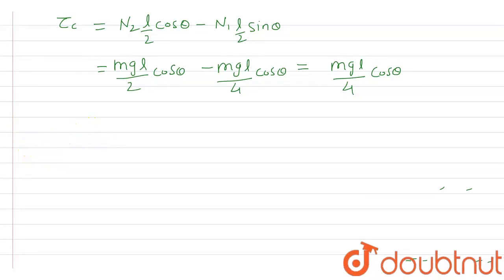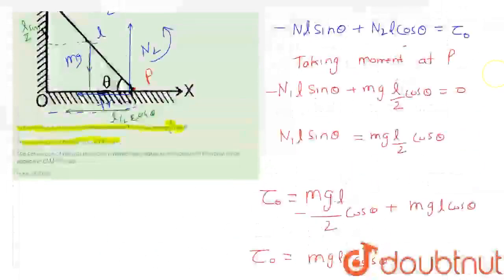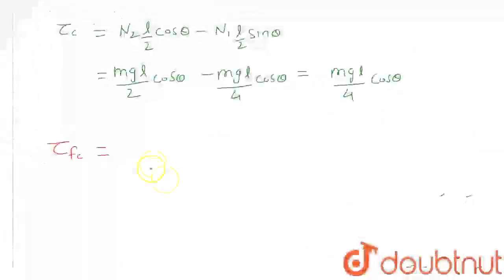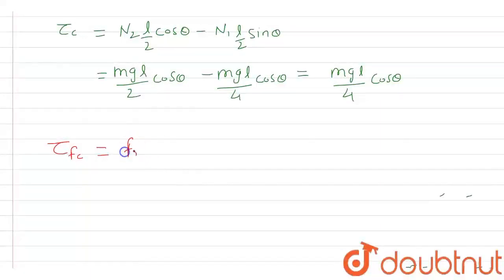Let's name this tau F at the center of mass. The distance of the frictional force from the center of mass will be L by 2 cos theta, so here Fr into L by 2 cos theta.